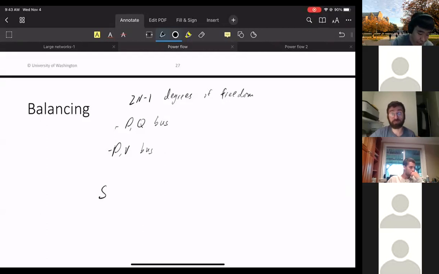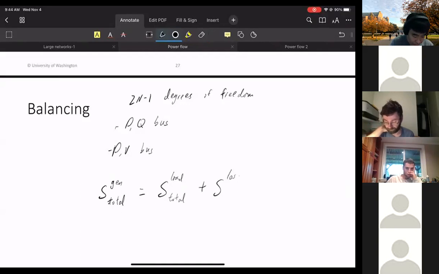Because if you sum up S generation, the system level total generation, this is equal to S load, the total system load, plus S loss, the loss in the system. This power balance equation has to hold: the generated power is the consumed power plus the loss in the system.